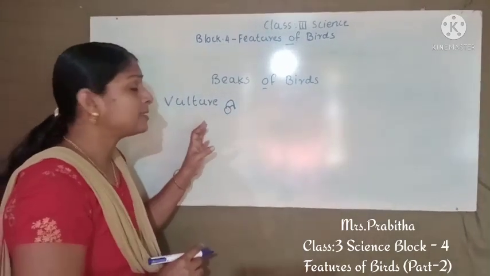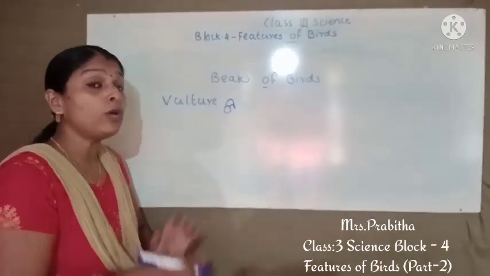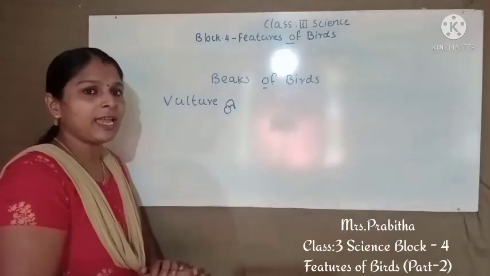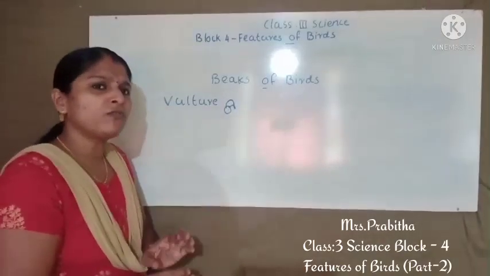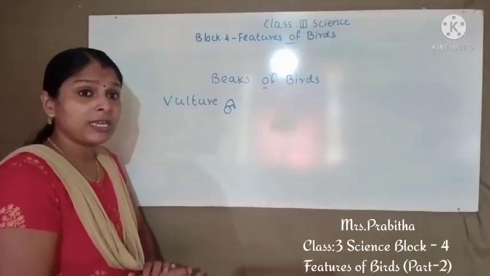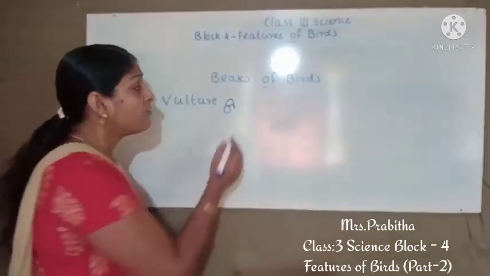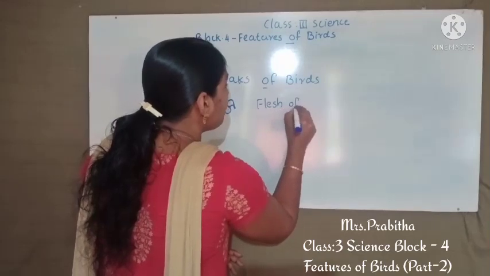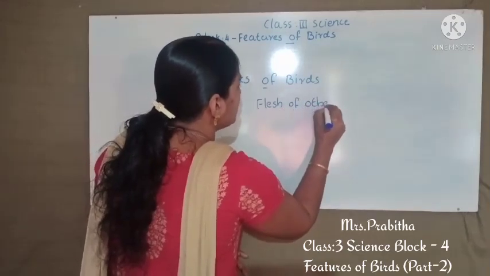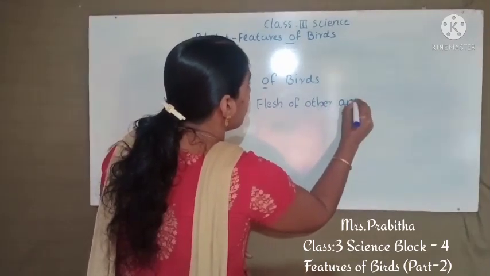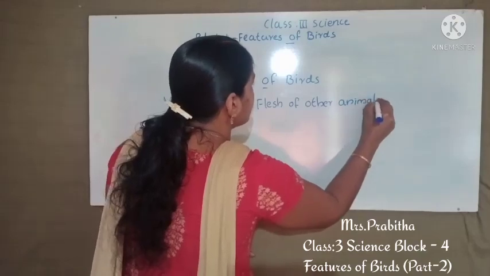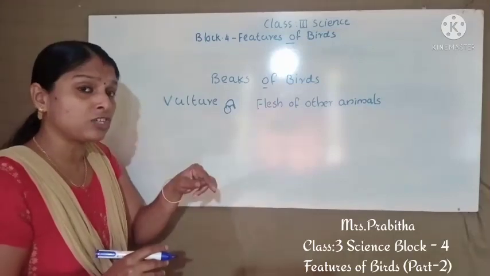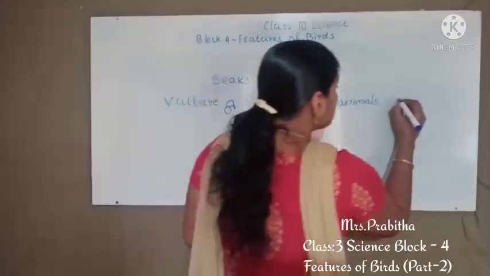Vultures and eagles also have a sharp, strong and hooked beak. What type of food do these birds eat? We know these birds eat flesh of other animals. So how does their beak look, children?